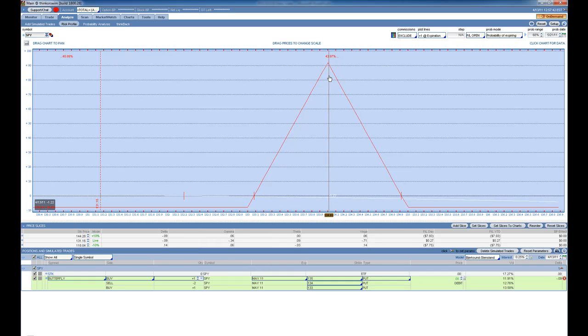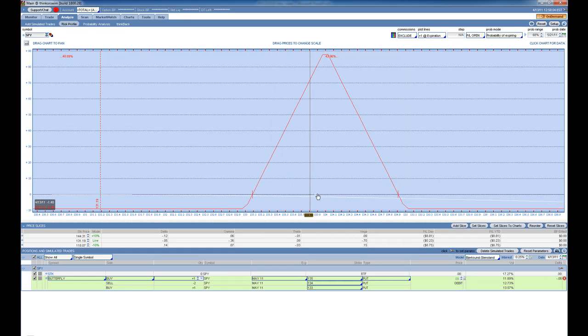The only thing, though, is the risk to reward ratio is pretty good, but the probabilities of this trade actually working out are very slim, because by expiration we need to be in this range, which is between about 133 and 135, in order to make a profit on this trade. Otherwise we'll make a small loss.